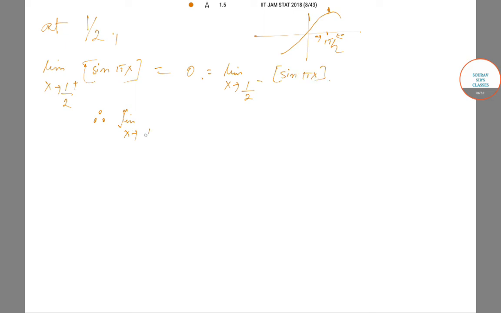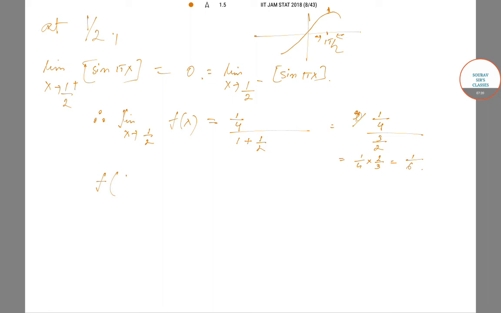So this is limit x going to half of f(x) is equal to 1 by 4 by 1 plus half, that is 1 by 4 by 3 by 2, which is equal to 1 by 4 times 2 by 3, that's 1 by 6.